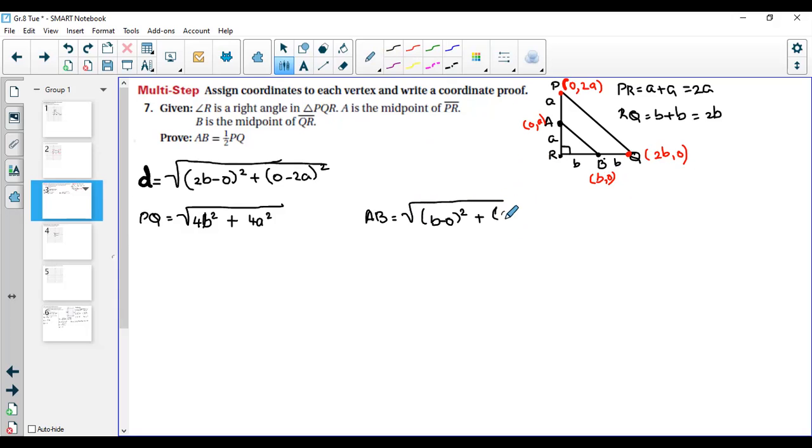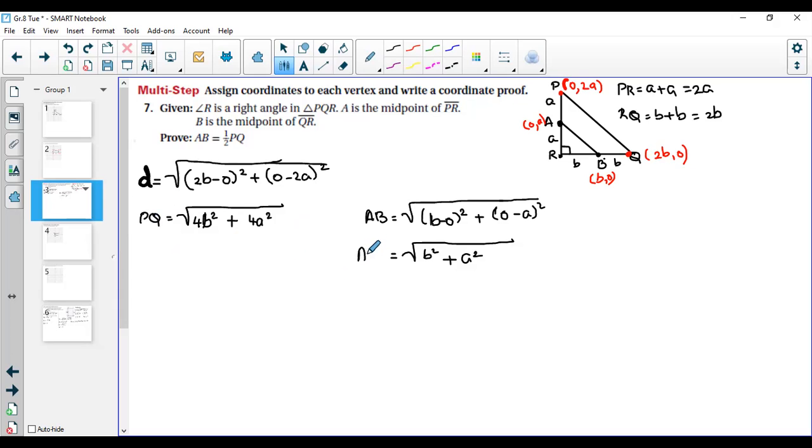I know it's a bit confusing because the numbers are not given. Hopefully in your practice workbook, this kind of questions are not given. So this is just for practice. You never know where these come in use. Okay, so b minus 0 is going to give you b, so that's b square, plus 0 minus a is minus a, square is going to give you a square.